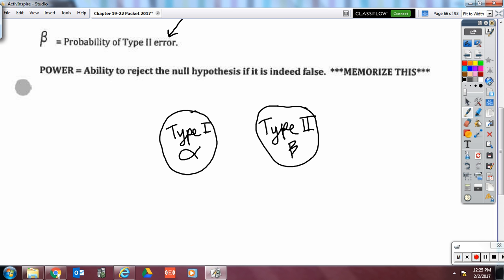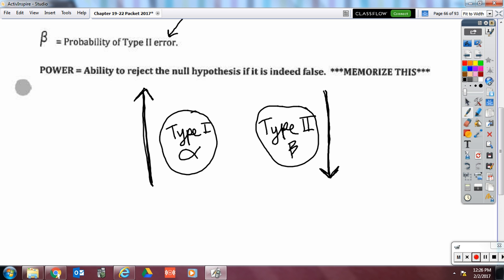If alpha goes up, what does the probability of type 2 do? What does beta do? It goes down. Very good. So there's that relationship, and we're going to add to this as we go through things today. It's a start of a visual aid that we can use to know the relationships.